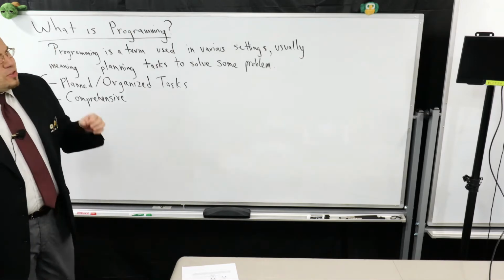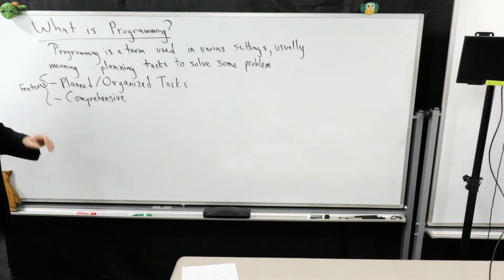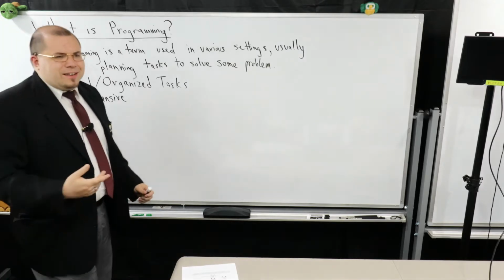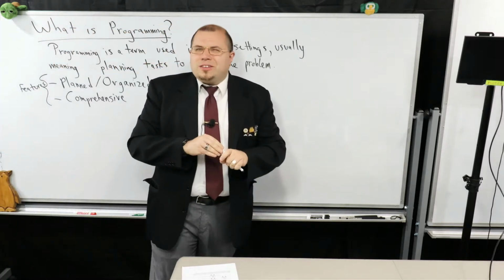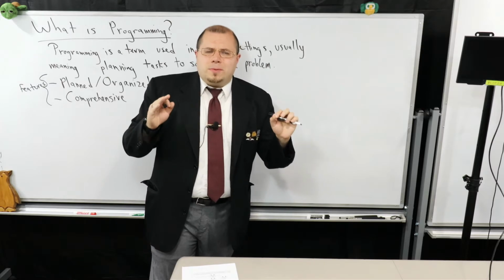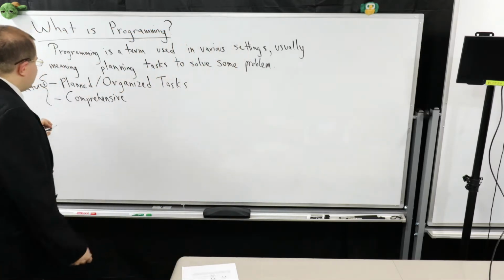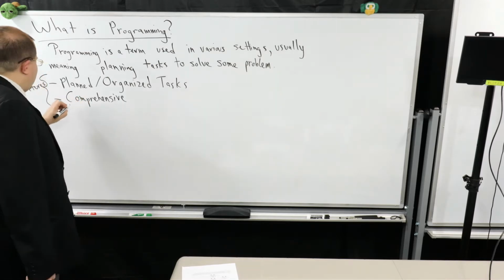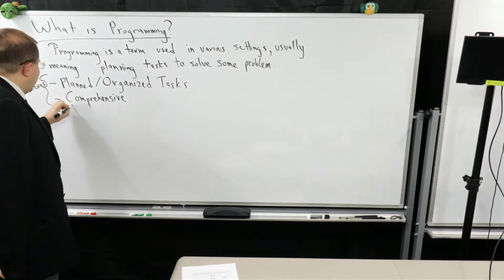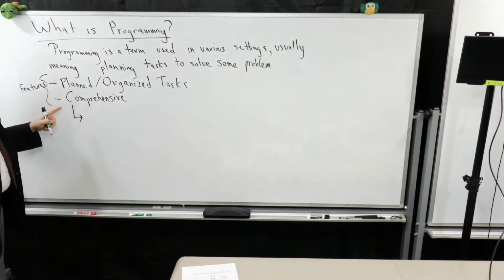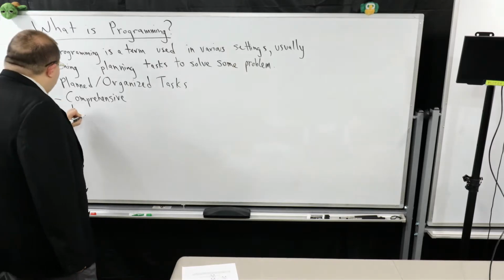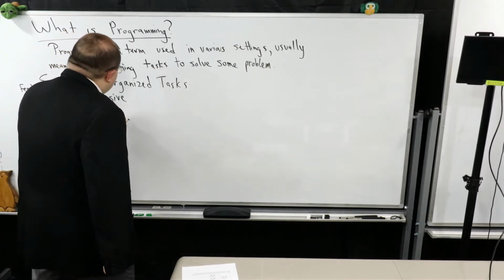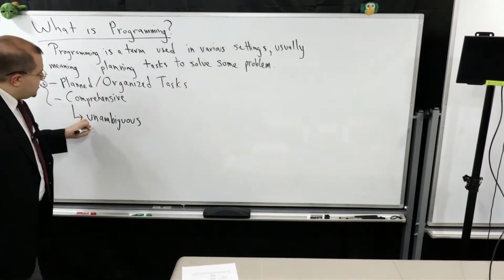Now, there's something about computer programming that's a little bit more narrow than just that it's comprehensive, that people can understand it. That really brings me to the first thing I want to talk about when we talk about computer programming: it's a much stronger thing that we require here. In particular, we need this idea that it's not just comprehensive, it's unambiguous.